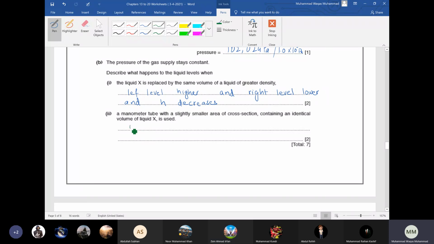So then both levels higher and with the same H. Okay, so height difference remains same.